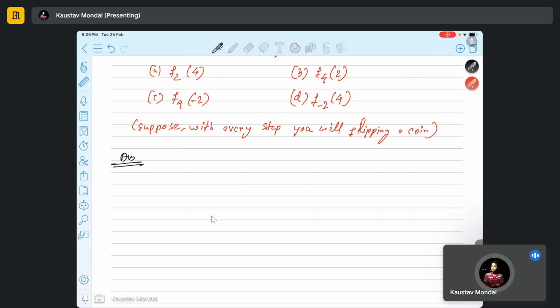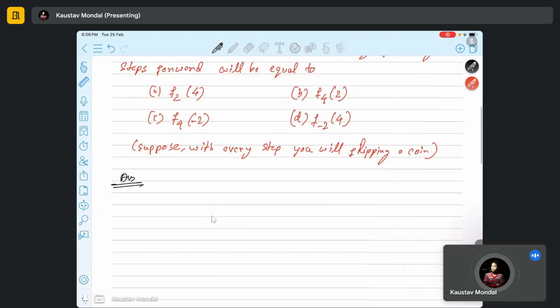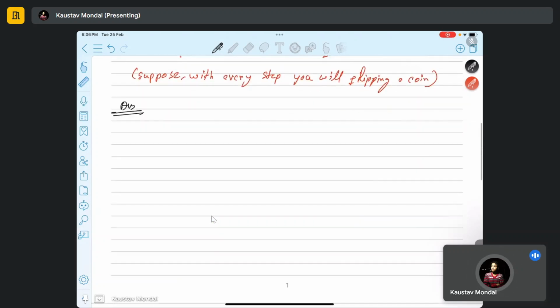Before solving this problem, let me first discuss what a 1D random walk means. Random walk also exists for 2D and 3D, but for this problem we will only consider the 1D random walk problem.